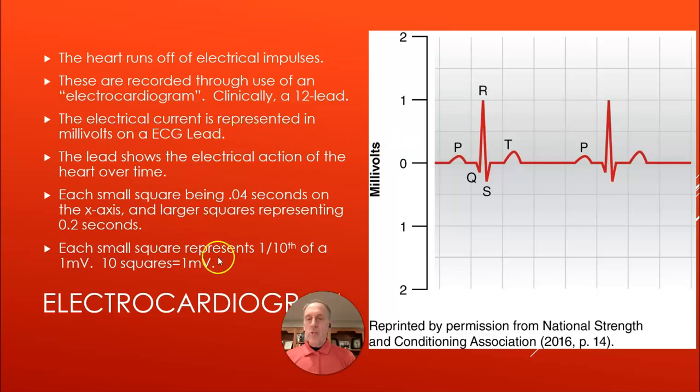Now if we look at each square over here on the y-axis, each square represents 1/10 of a millivolt. So 10 squares equals 1 millivolt. Like if you look at this QRS, it's 1 square, 2 squares, so that gives us 2/10 or 1/5 of a millivolt. So in terms of millivolts versus time, it is 1/10 of a millivolt here, and over here it's 2/10 of a second.